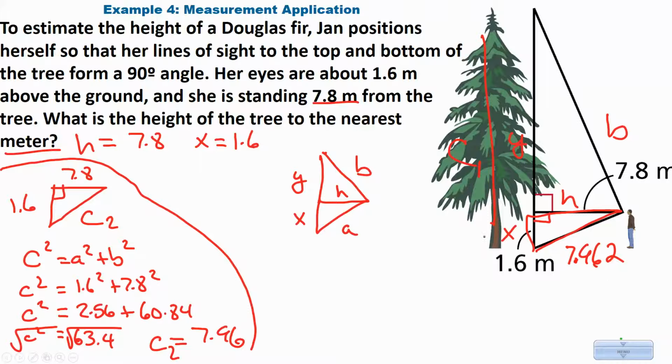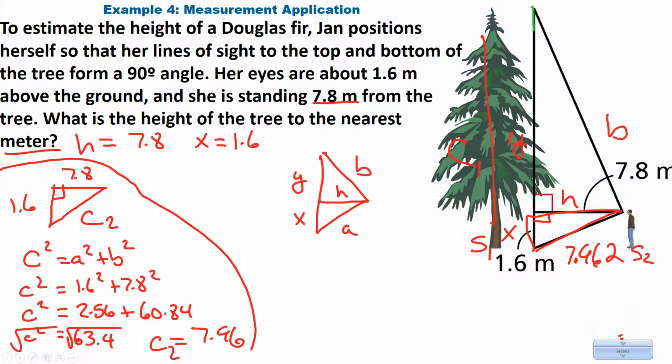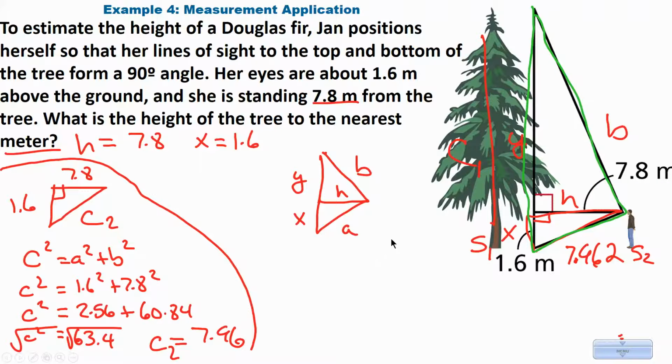But this is a small side right here, which now is going to be S1, and this is going to be S2 because this is going to be the small side on the green triangle here. So basically what I'm going to do is redraw this so that you can see what's going on. So this green triangle I'm going to draw right here.